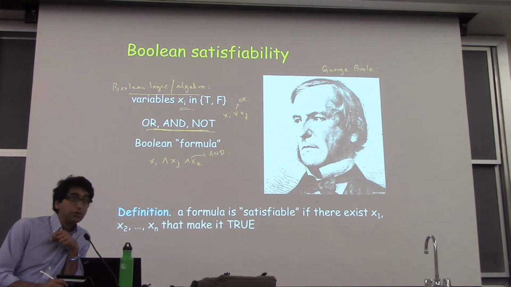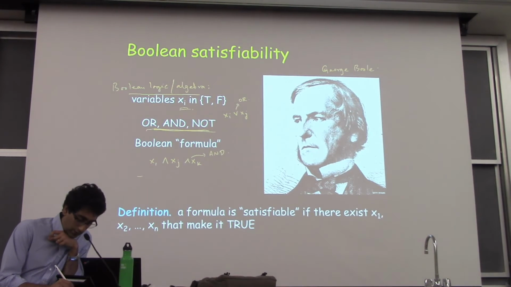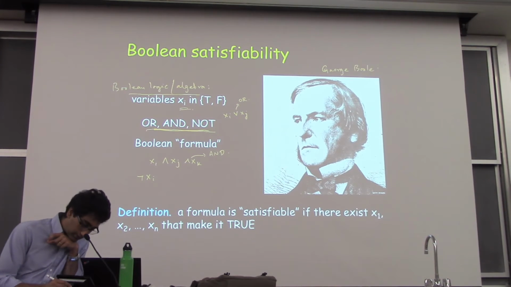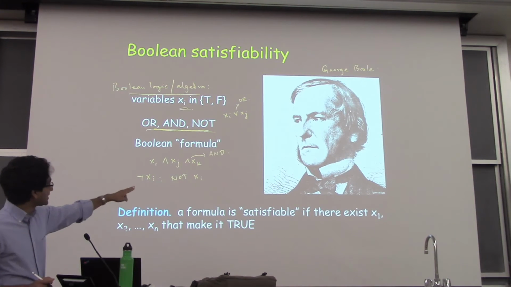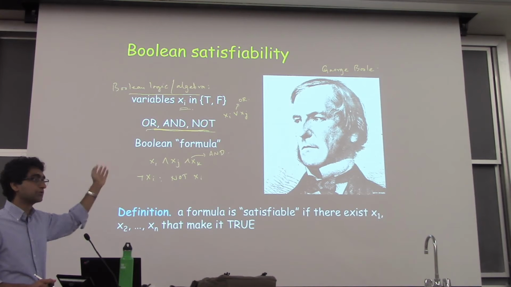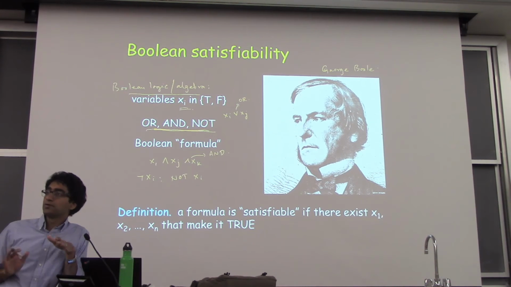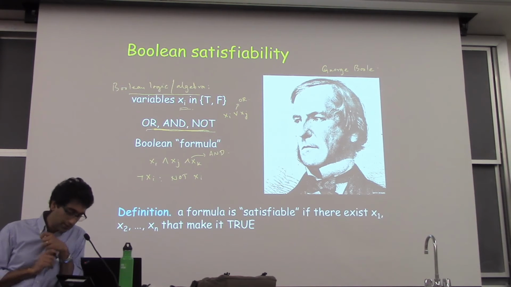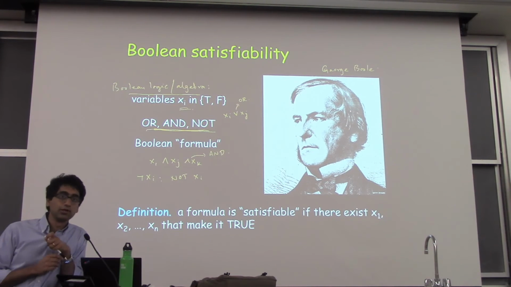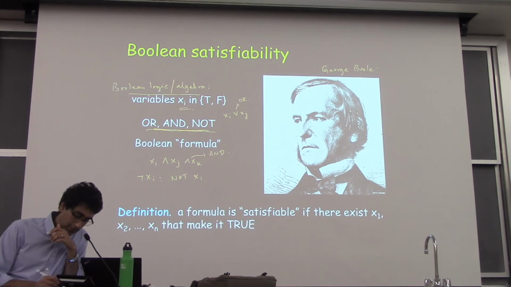And there's also a symbol for not, so you can say not xi. This is basically the negation. If xi is true, not xi is false, and the other way around. So I hope all of you have seen Boolean algebra in some way or the other. And if not, it's very simple. It's basic logic.